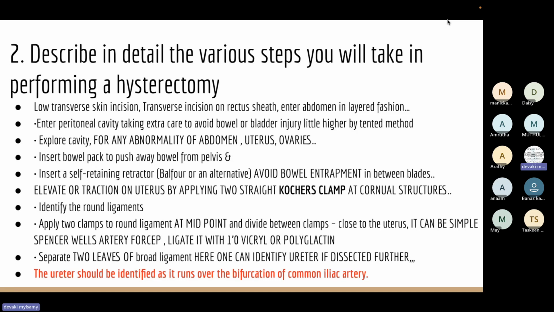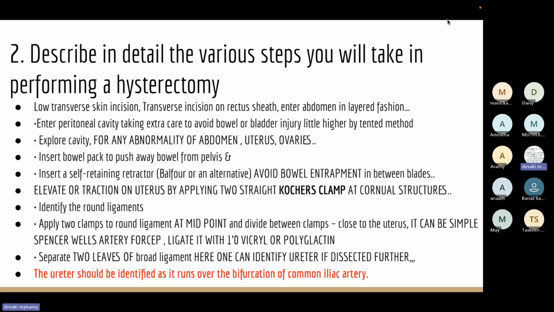Once you have applied it, for elevation or traction on the uterus, we have to elevate and apply traction for adequate application of clamps, by applying two straight Kocher's clamps at the cornual structures, which include the ovarian ligament, fallopian tube, and round ligament, bilaterally. Did you mention elevation and traction?